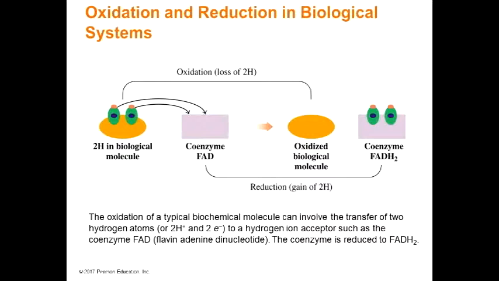The oxidation of a typical biological molecule can involve transfer of 2 hydrogen atoms, or 2 electrons, to a hydrogen ion acceptor such as coenzyme FAD, which you must have. The coenzyme is reduced. Sometimes your coenzyme is off, or they'll just say enzymes are off. This is what they're talking about, and this is why they take a look at it.